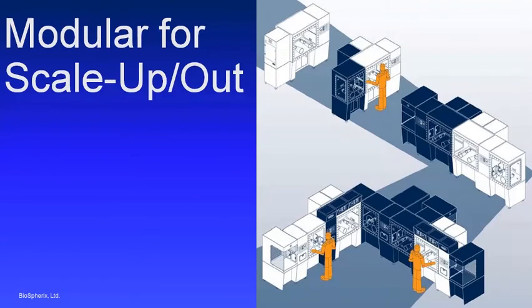And then as you get more funding, as your process develops, as you move toward clinic, you can add on modules, you can bring in more equipment, you can bring in automation, and you can reuse the same modules that you started with over and over to redesign your system as your process grows, until at the end you have a fully GMP compliant cell production factory using the same modules that you started with. This means that your conditions don't have to change all the way through. You have much less in the way of tech transfer risk as you move toward clinical trial because you have the same environment.